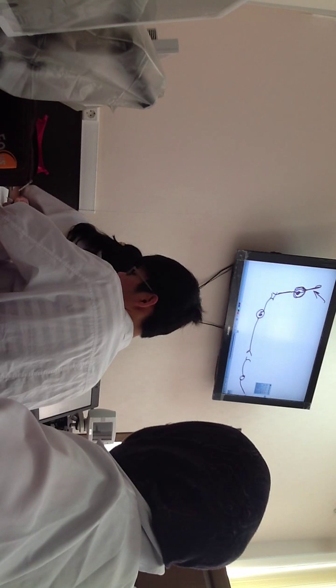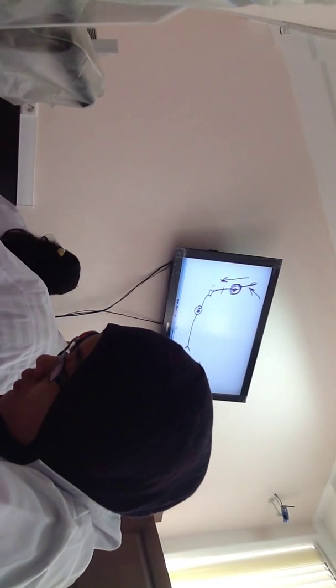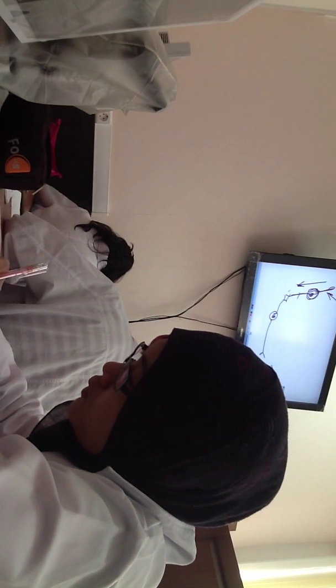Yeah? So, what processes present in this neuron? Axon, dendrite. What process is axon? What is dendrite? This one. Dendrite or axon? You said dendrite. Nervous impulse is transported in this direction, from dendrite to pericaryon, from pericaryon to axon.